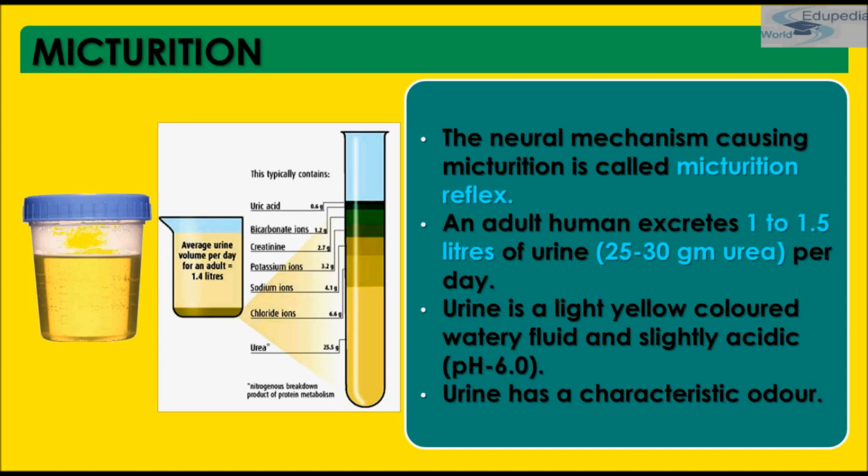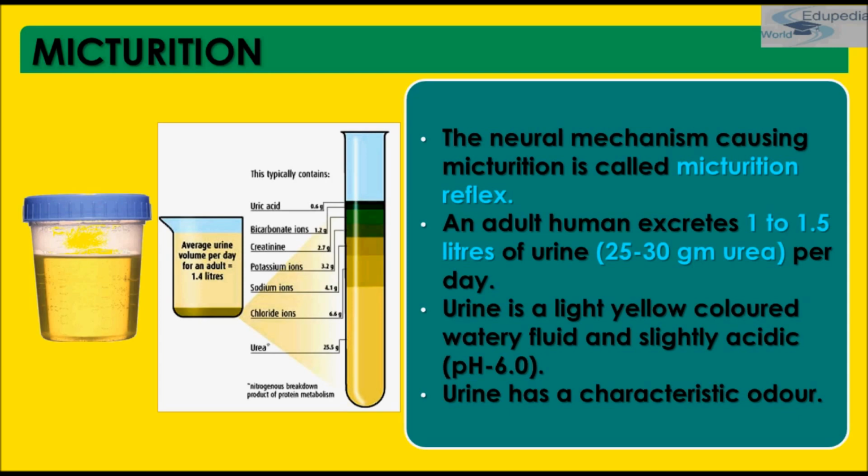Now the factors that influence urine formation: first is diet, second is weather, and third is the psychological as well as physiological state of the body. Psychological states such as nervousness, excitement, and when you are scared, all these things influence urine formation.